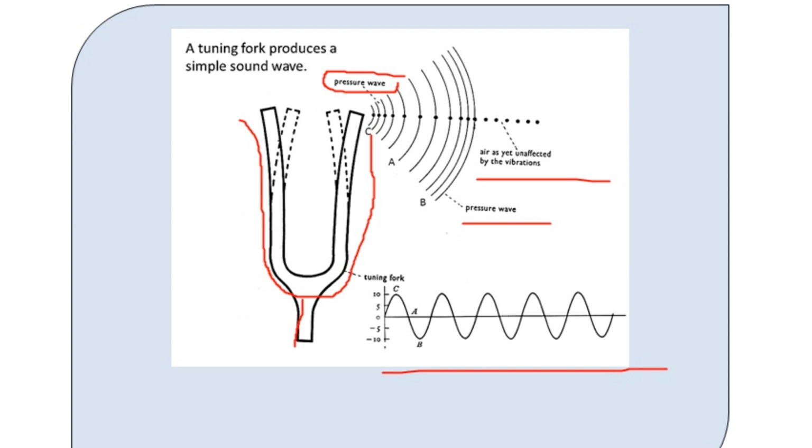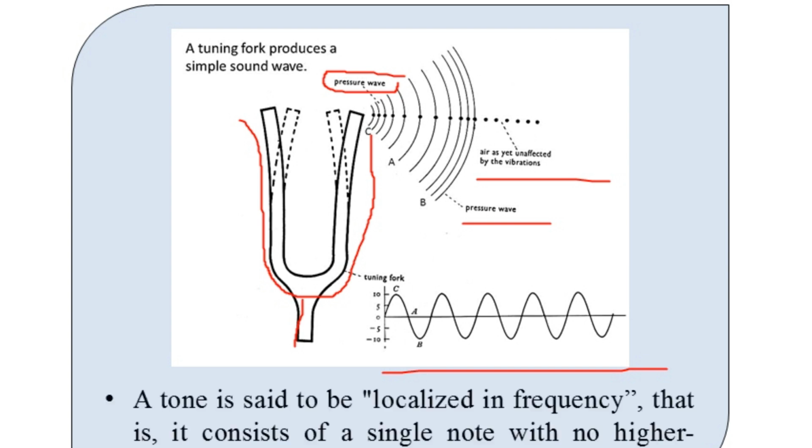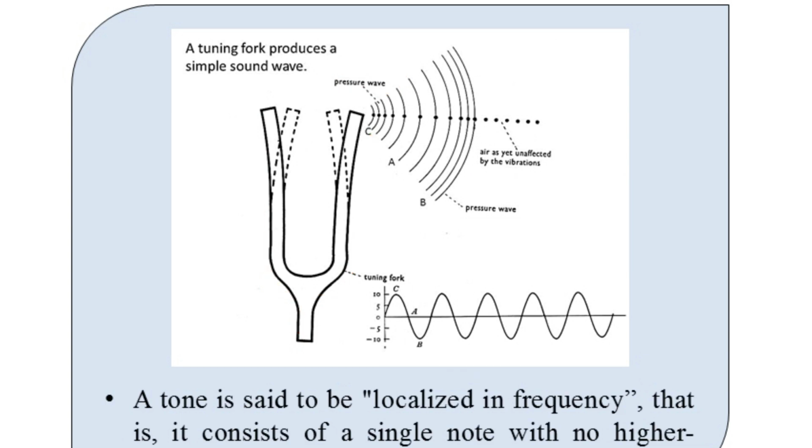That is, it consists of a single note with no higher frequency overtones. Whatever the fundamental frequency value is, we call it the single note, and the repetitions at the higher levels we call the overtones. This is the difference between the two components, the spoken word signal and the tone generated by the tuning fork.